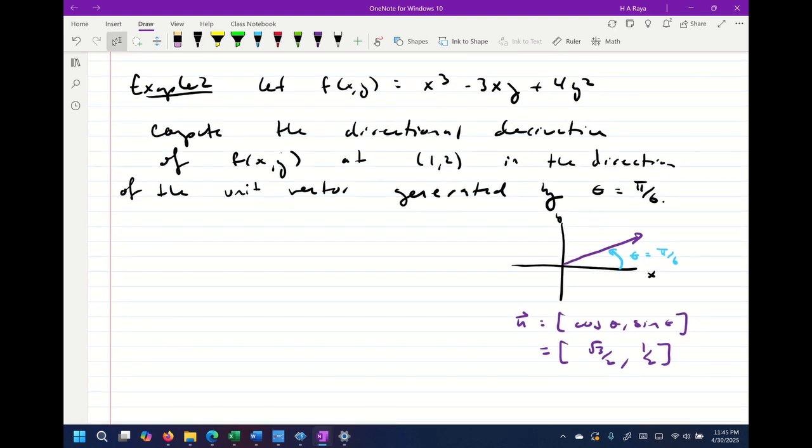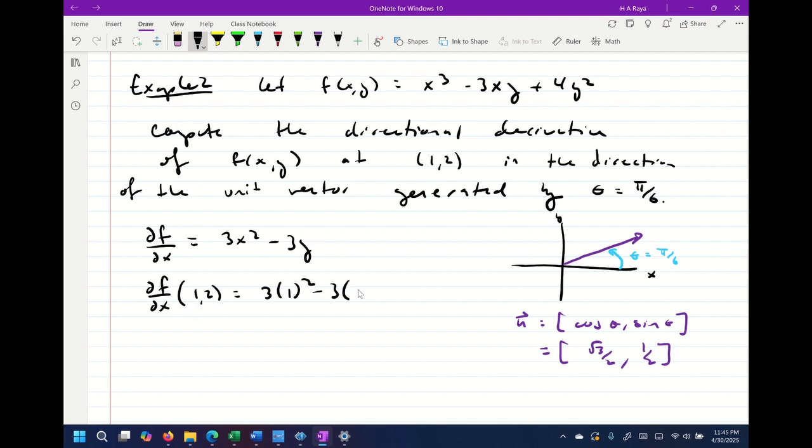Just for reference, we'll also need the partial derivatives, so let's go ahead and compute those before we compute the directional derivative. The partial derivative of f with respect to x is simply going to be 3x squared minus 3y. If we're evaluating this at the point 1, 2, that will be 3 times 1 squared minus 3 times 2. So that's 3 minus 6, negative 3.